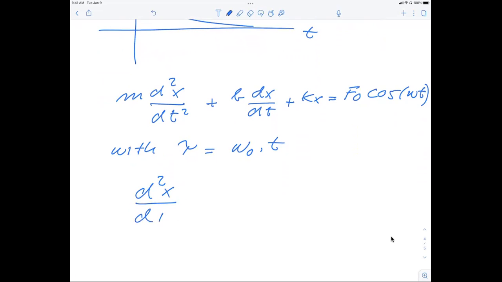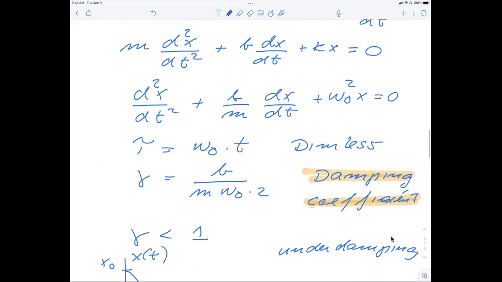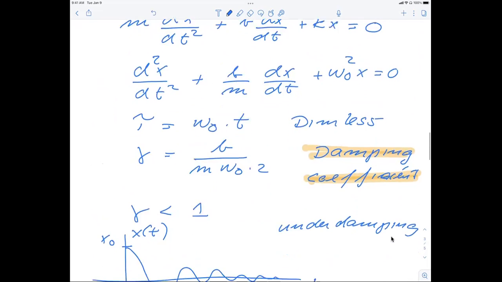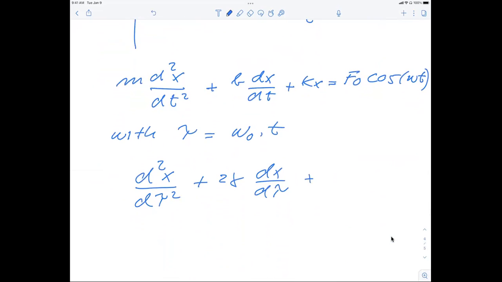So we've got the second derivative with respect to tau plus 2 gamma times dx/d tau. And I think I forgot something up here. Sorry, guys. So let's bring back, and then we have a plus x.